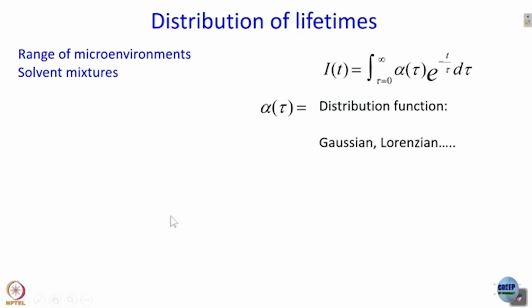So, the next model we want to discuss is distribution of lifetimes, and this is a much better model than sum of exponentials. But the problem is this: when you do sum of exponentials, what you imply is that you have that many lifetimes discretely, but sometimes that may not be the case.